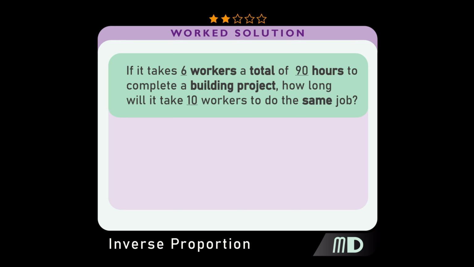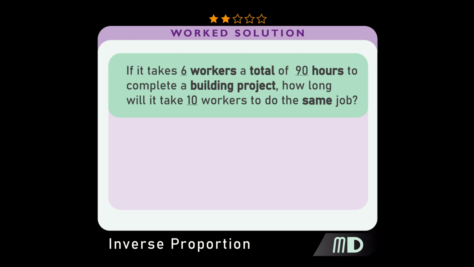Answering this question is a 5-step process. First, we need to set a variable for the number of workers and the amount of time taken to do the job in hours, before describing the relationship between those variables in terms of inverse proportionality.